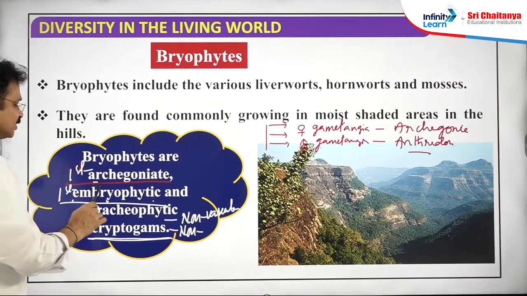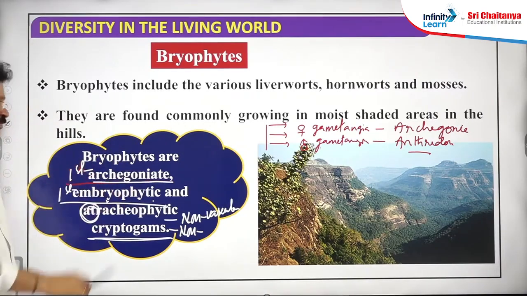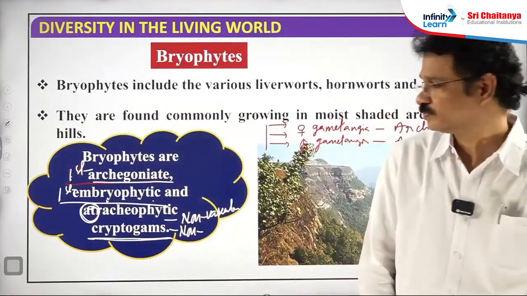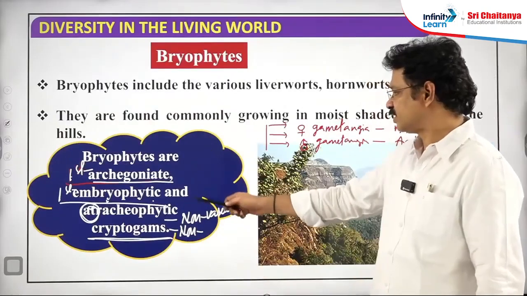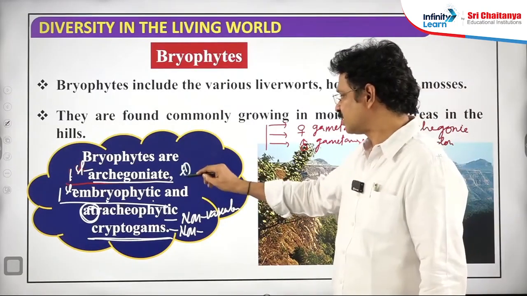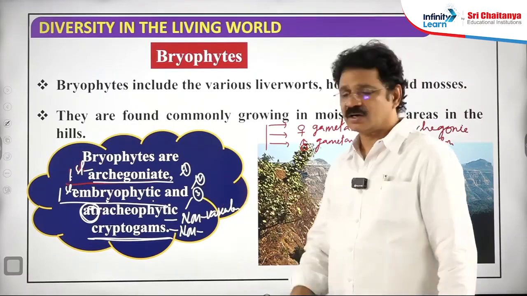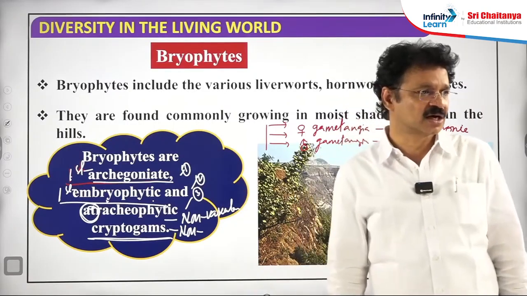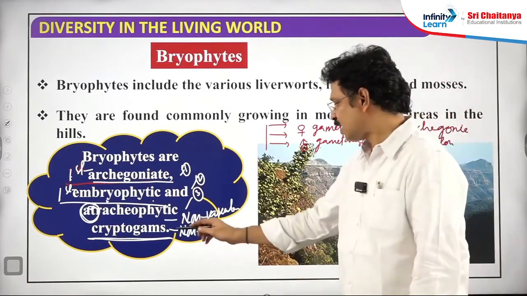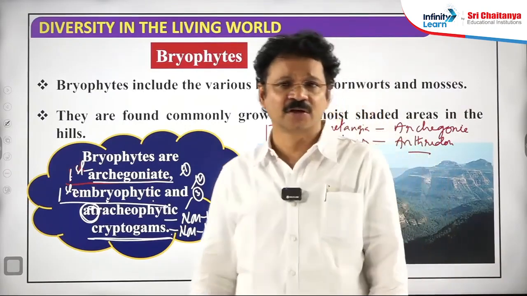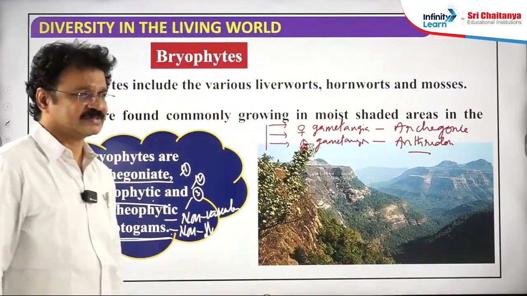And female sex organs like archegonia formation is also first clearly observed here. That's why these are called first archegoniates. Bryophytes are number 1, archegoniates, number 2, embryophytes, number 3, atracheophytes, meaning non-vascular plants, and cryptogams, non-flowering plants. These are important features of bryophytes.